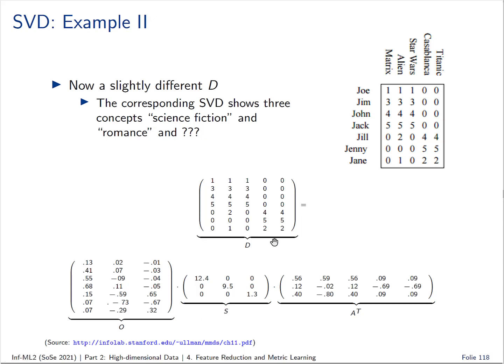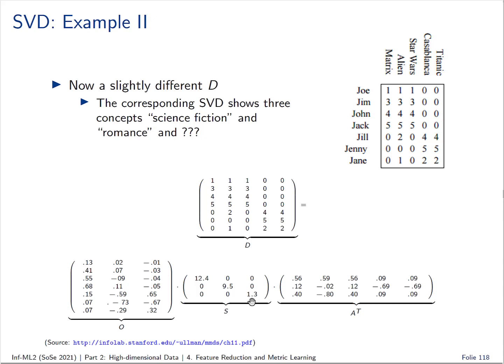If you compute the SVD for this data set, you get three concepts. You still have the two concepts, science fiction and romance, but you now have this third concept, which is somehow not fish, not meat. But anyway, you still have the relationships of the users to the corresponding concepts, and you still have the strength of the concepts.